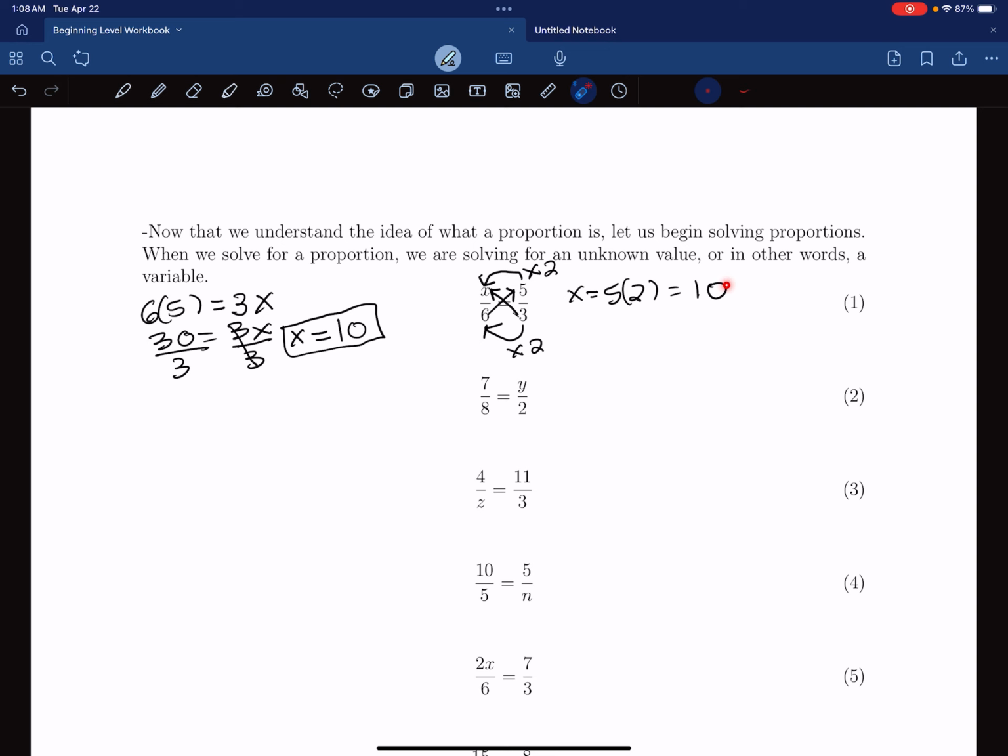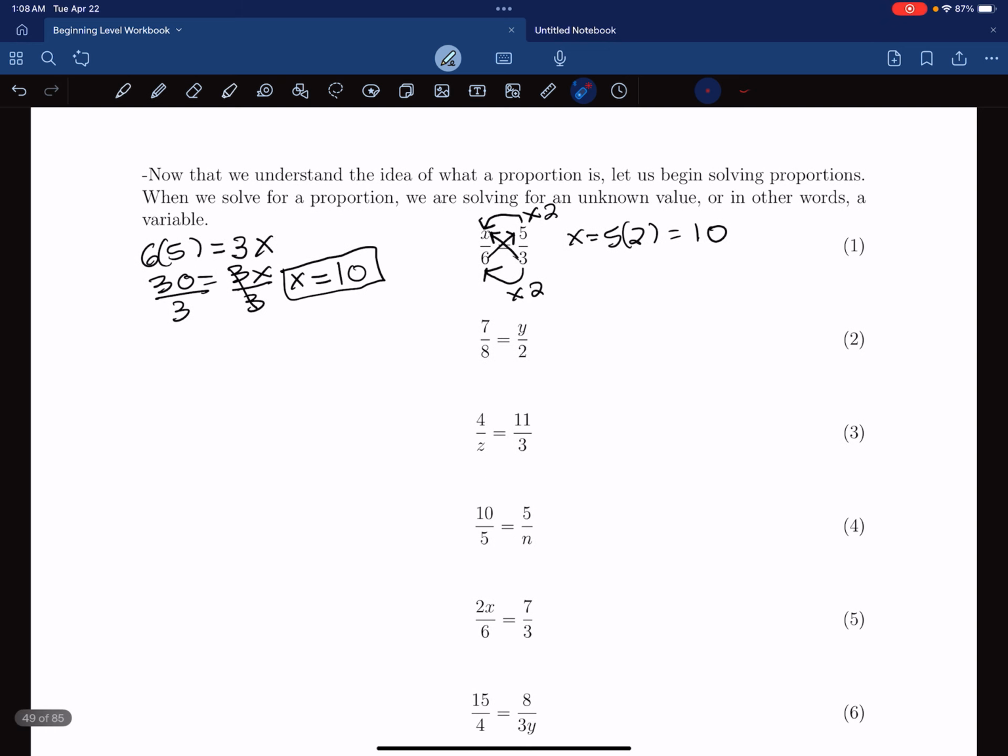And you can actually logic through some of these problems. So that's kind of like the logic behind it, why we get x equals 10 as an answer when we solve this proportion. So with that being said, I encourage you to pause the video and give this second example a try on your own. And let's work through it.